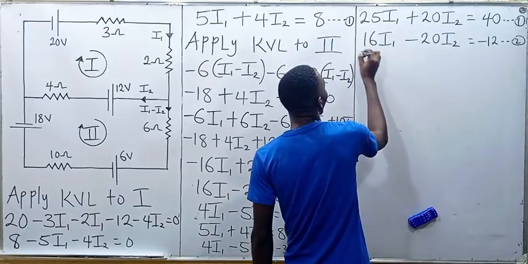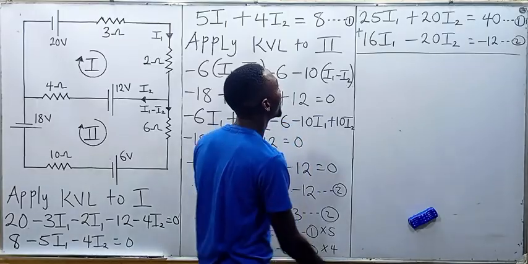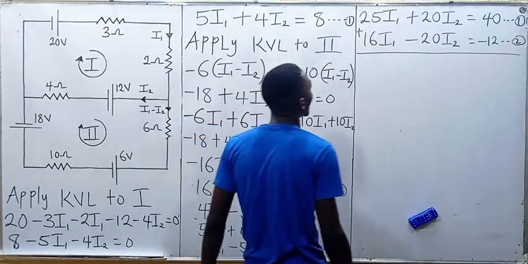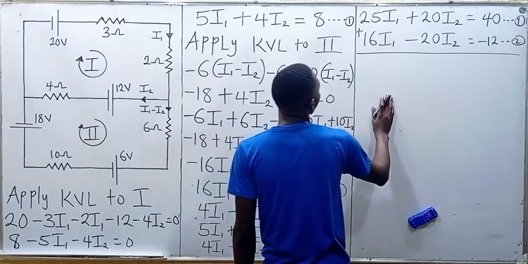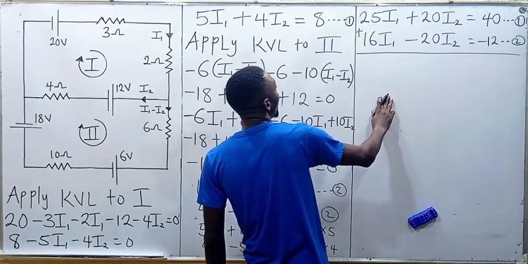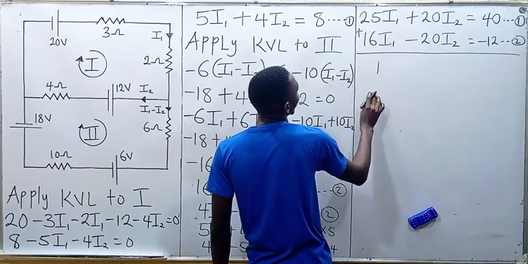All right, so if we add these two equations together, 25 plus 16 is 41.